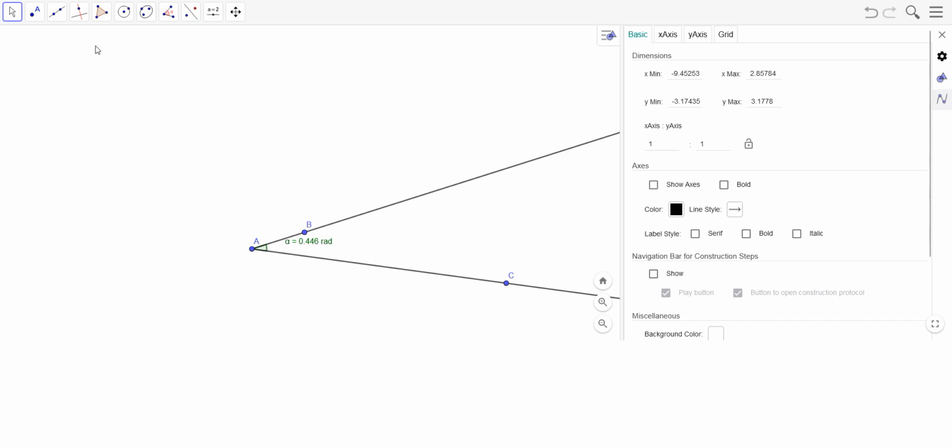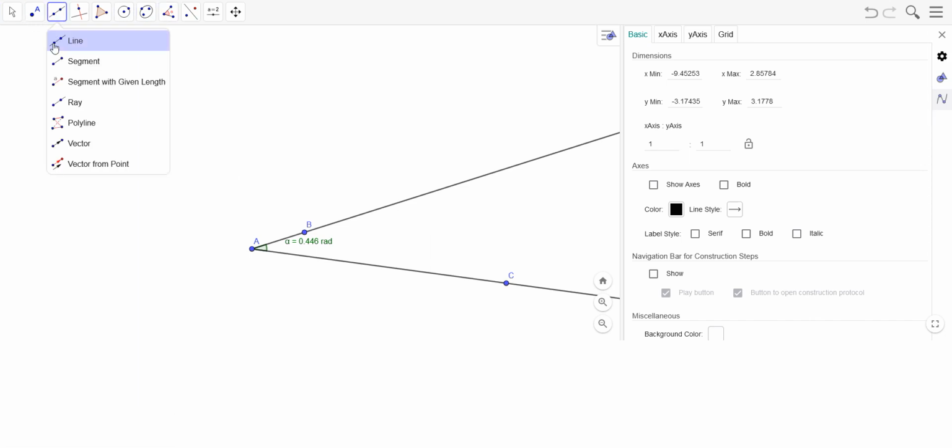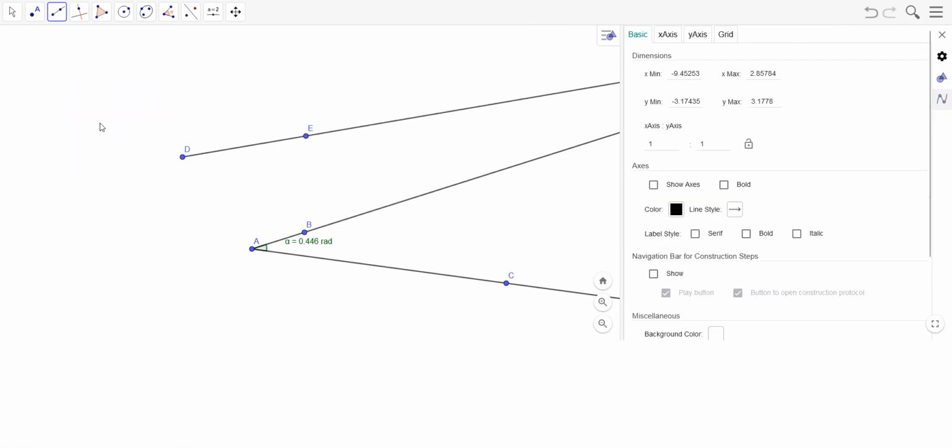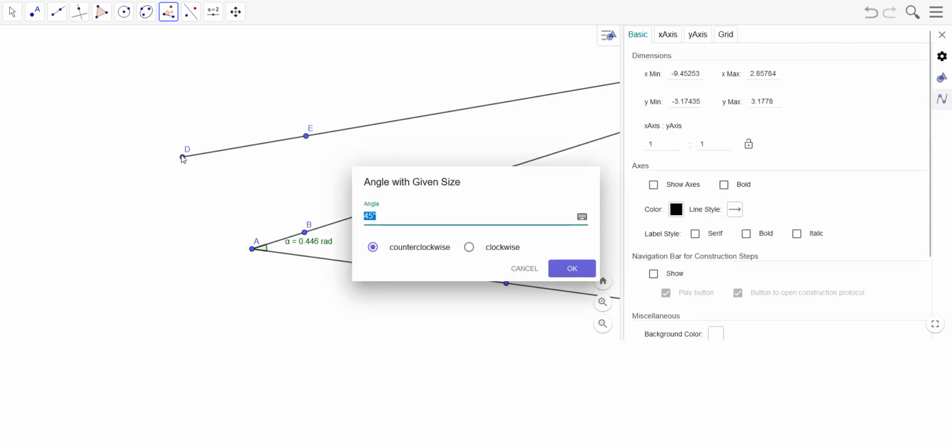Okay. We can also create an angle of a specified size. A couple ways we can do that. We can start by creating a ray. What we can do is use angle of a given size. You click a point and then the vertex, and then you tell it the size. You can do it in radians or degrees. Let's say we want to do 30 degrees.